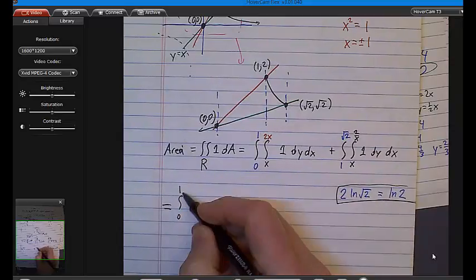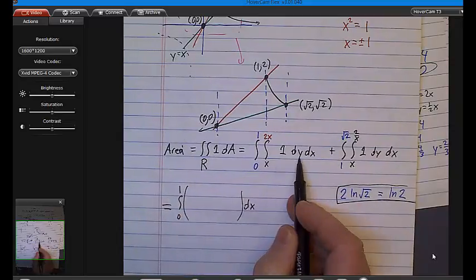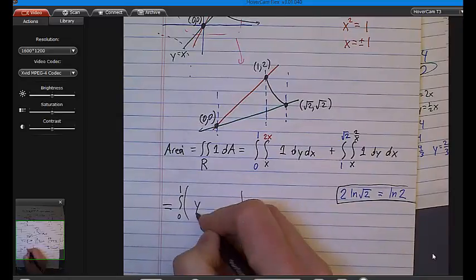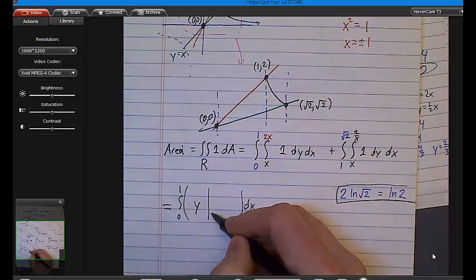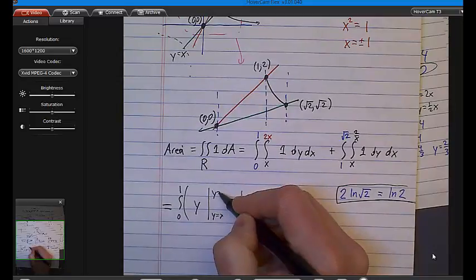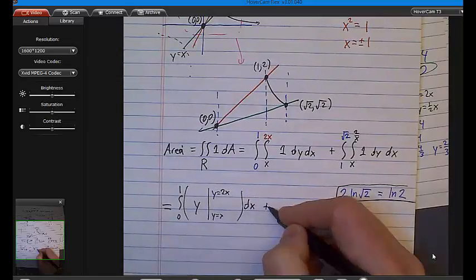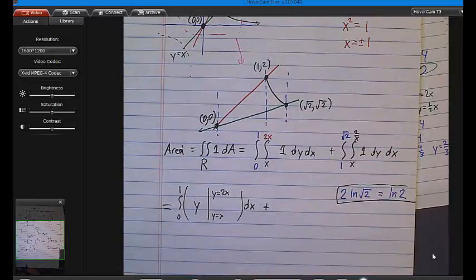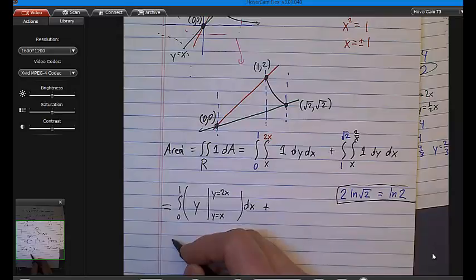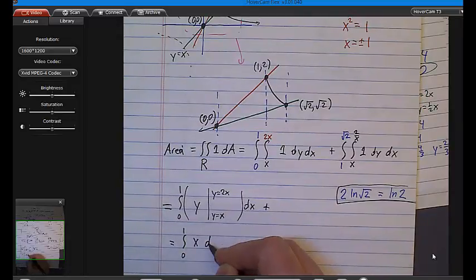But on the inside, when I integrate 1, I get y, from y equals x to y equals 2x, right? And of course, when you substitute in, 2x minus x, which is x.